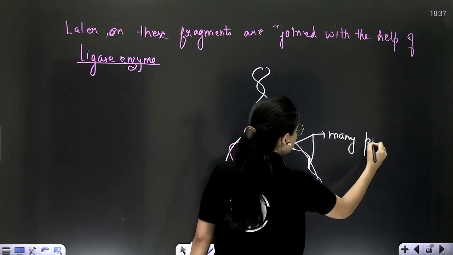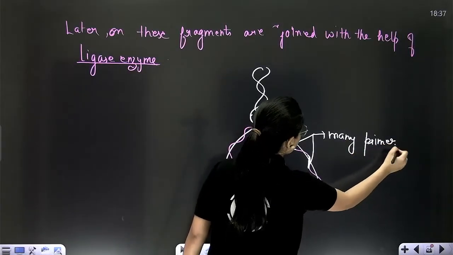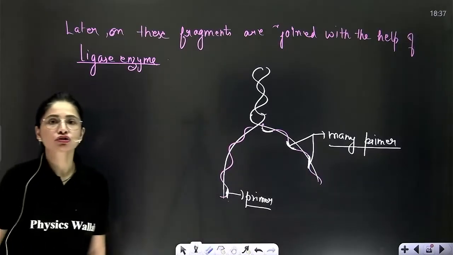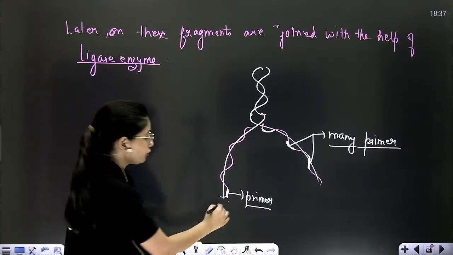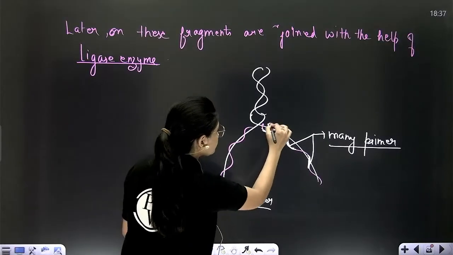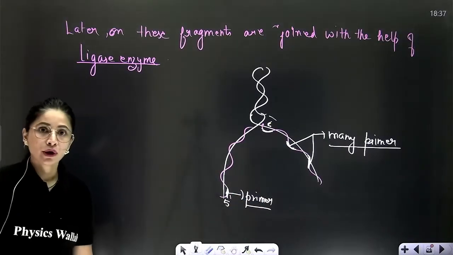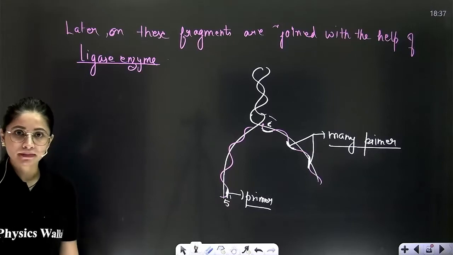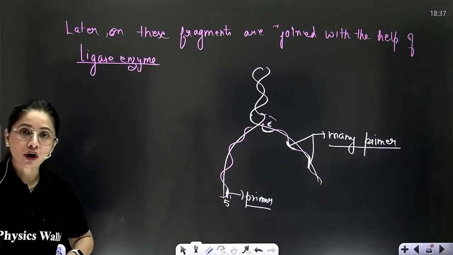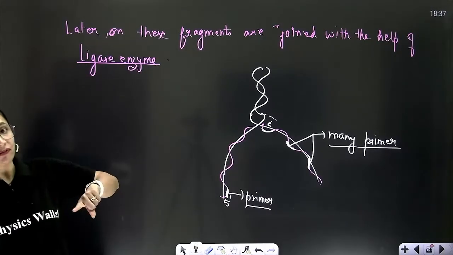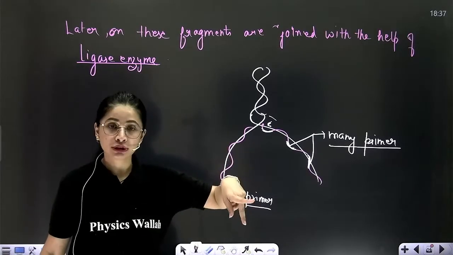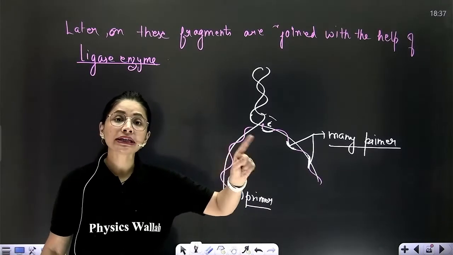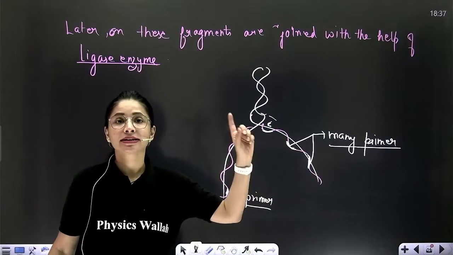Till the time you do not remove the primer, DNA replication is not complete, and primers are attached at the 5' end. These are wrong nucleotides which have to be removed from the 5' end. That means we require 5' to 3' exonuclease, which is present only with DNA polymerase 1.